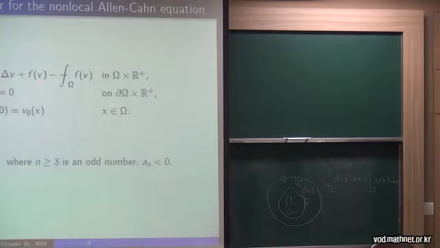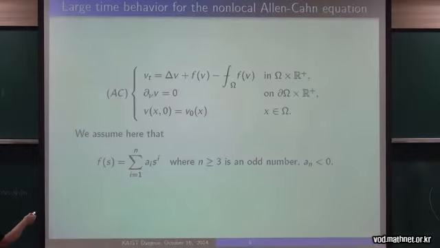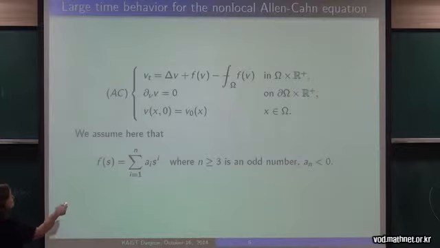Here we will have a smooth enough solution because we have a parabolic problem. So we integrate on omega. So we have d dt of the integral equals the integral of Laplacian v, which vanishes because of the Neumann boundary condition, plus the integral of f of v, minus the integral of the average of f of v, so this term will vanish. And we will have d dt of the integral of v of x and t dx equals 0, and that's this property.